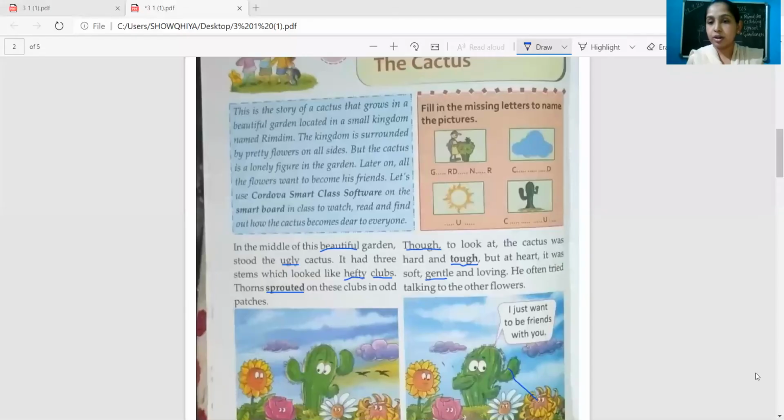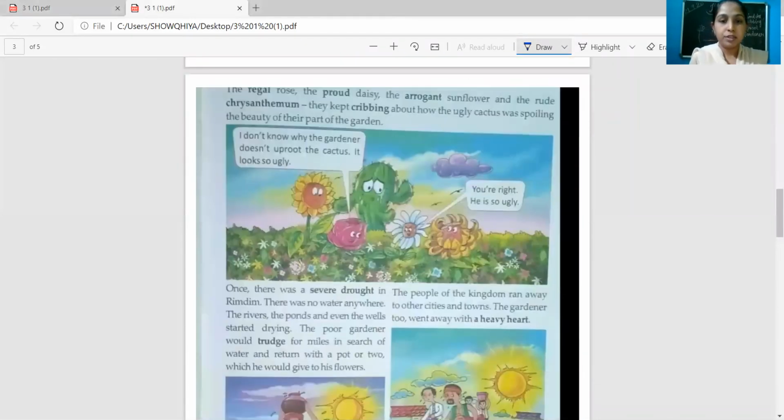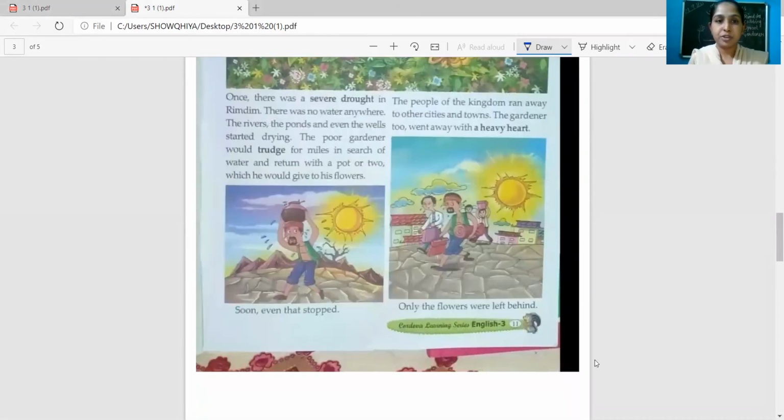See here, the rose is saying, "I don't know why the gardener doesn't uproot the cactus. It looks so ugly." The other flower says, "Yes, you're right, he is so ugly." So after a few days, what happens, children? I'll show you with the picture here.